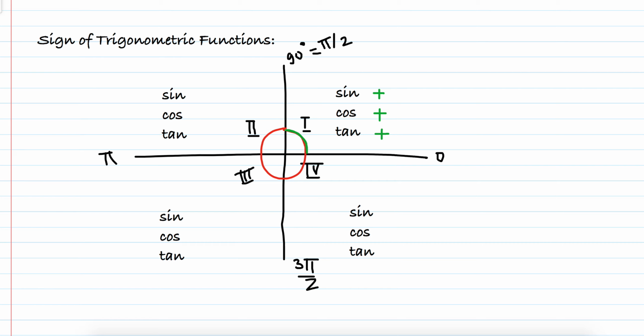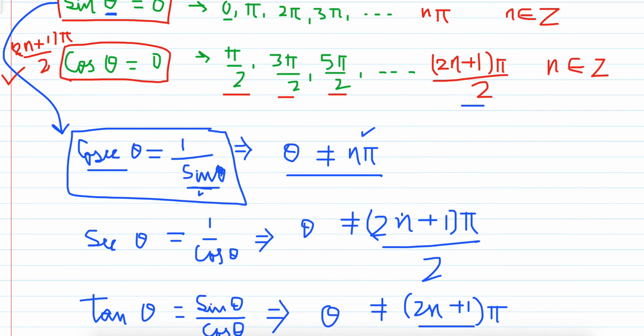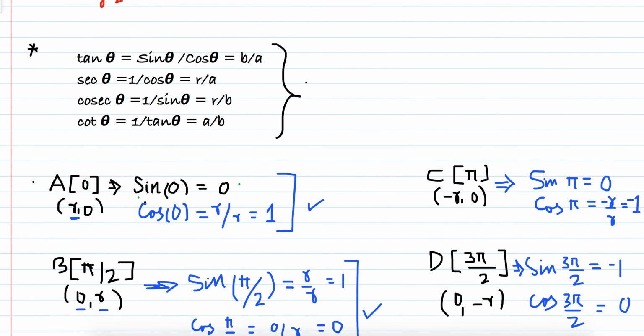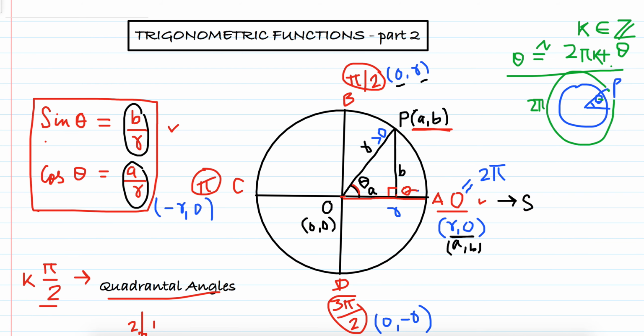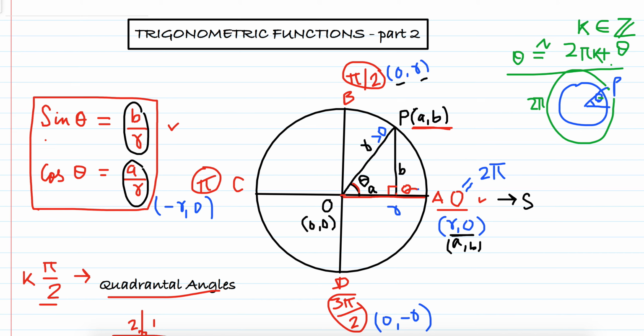So now in this part of the circle, the x coordinate of any point will be negative, but its y coordinate will be positive because it's above this horizontal axis. So sine theta is y upon r.